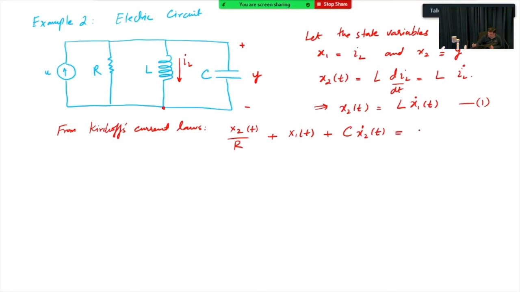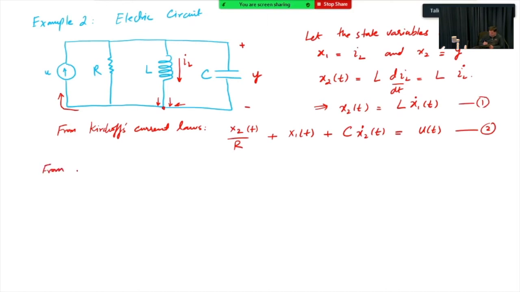It equals u of t, right? So currents entering this junction should equal the currents leaving the junction. Okay, so if you have this equation, let's call this 2.